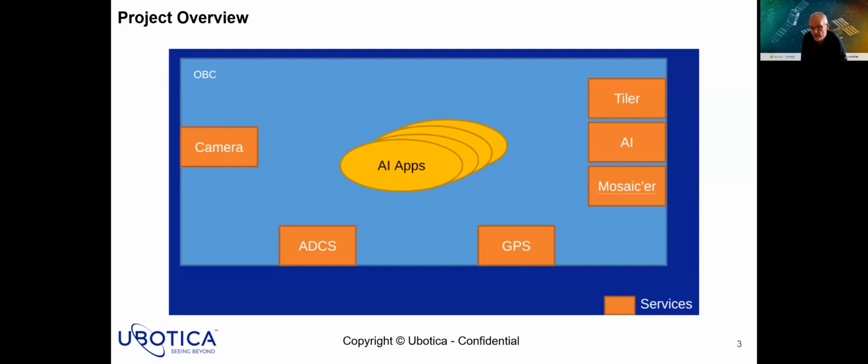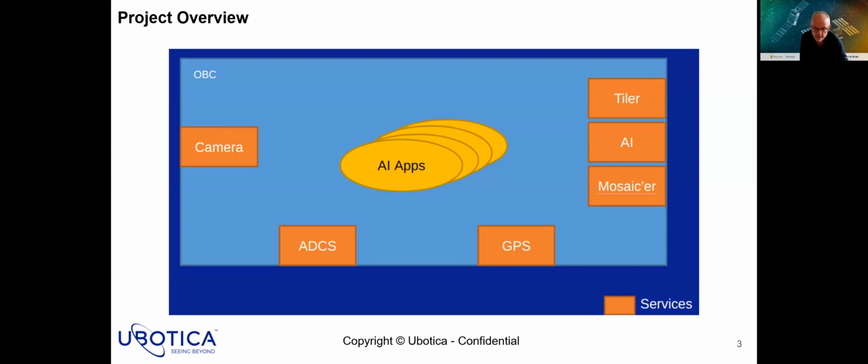Because this is an edge processing environment, and there are compute limitations, the image will be required to be segmented into tiles before being applied to the AI processor for inferencing. And then there's the ability, depending on the application, to reconstruct output tiles or output images from tiles if that's required.